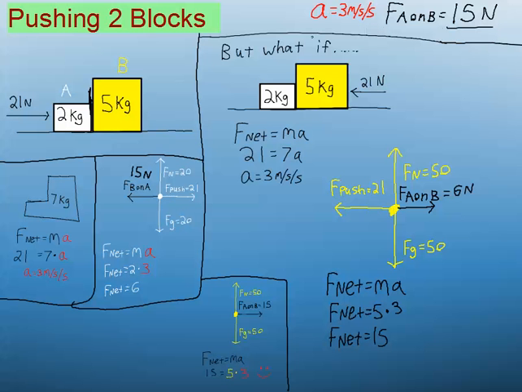That's why you get a very strong contact in this first case. But in the second case, most of the 21 newtons are simply going into speeding up the 5 kilogram block. It's like the 2 kilogram is just a small nuisance that's in the way, so there doesn't have to be much contact between them. If you ever want to prove this to yourself, stick your hand between two blocks of different mass and try pushing on them. You will notice the difference quickly.